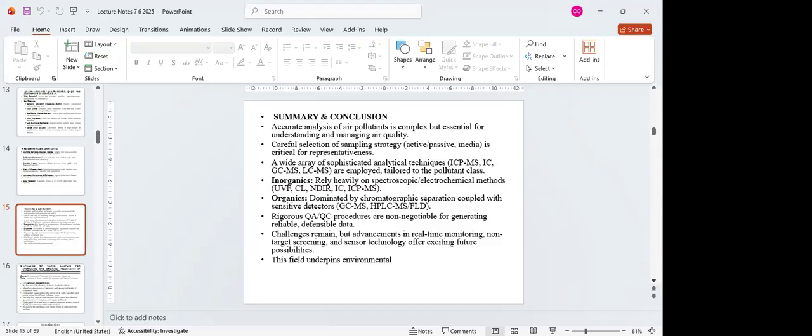We also looked at inorganics, where we rely heavily on spectroscopic and/or electrochemical methods: UVF, CL, NDIR, IC, ICP-MS. There are lots more. It's not limited to what we have here, but this is just to open your mind to what really is going on. There are many more, and people are working to adapt and evolve, particularly in this present time of AI and machine learning.